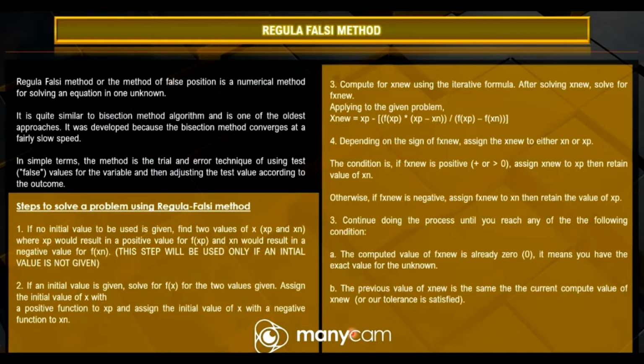If the previous one equals the current one, then our next iteration will be the same, so we can use that value as the unknown. We have found the unknown through that value.